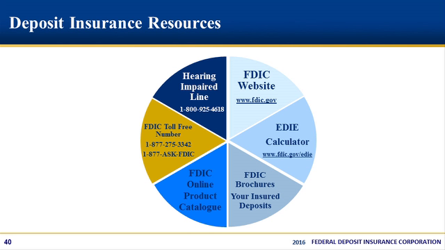Among the resources most accessed is the FDIC's Electronic Deposit Insurance Estimator, or EDIE. This is an excellent tool to help calculate a depositor's insurance coverage based on either existing accounts in a bank or to check the amount of potential deposit insurance coverage that may be available based on a hypothetical scenario.